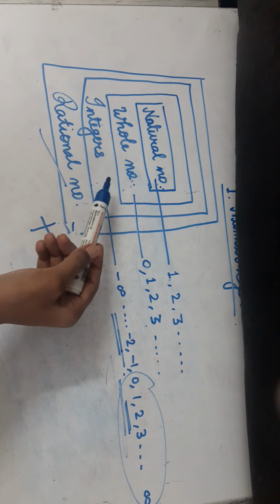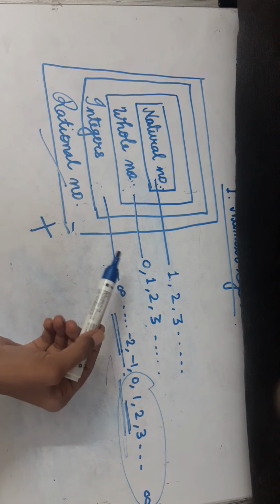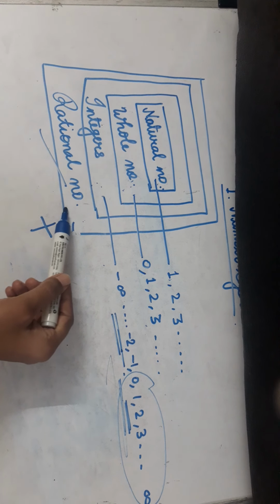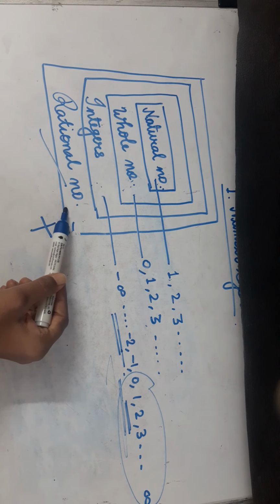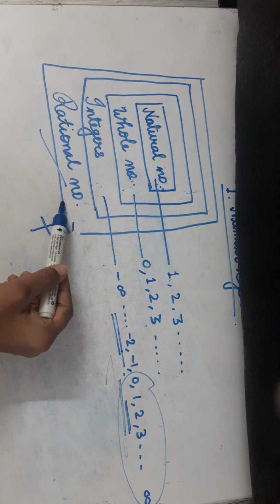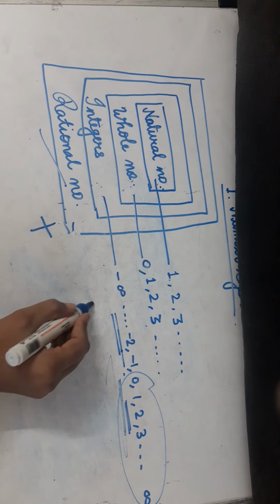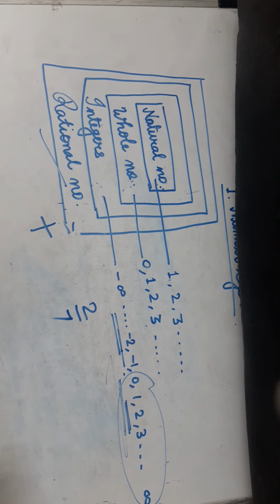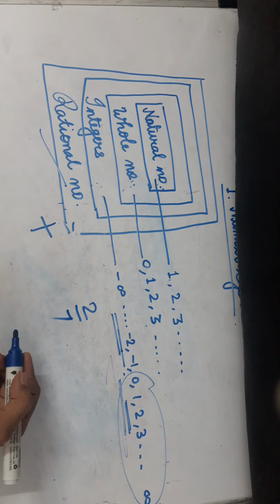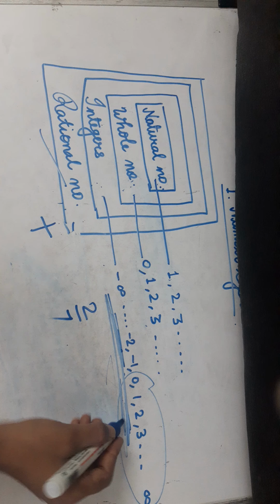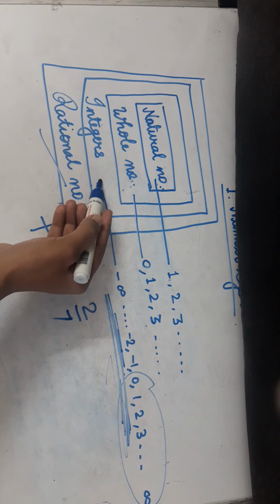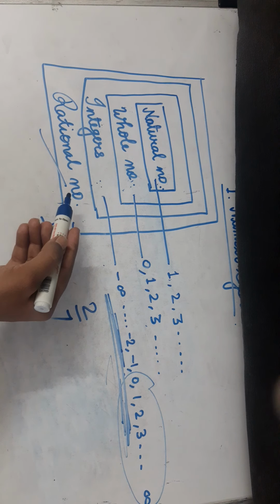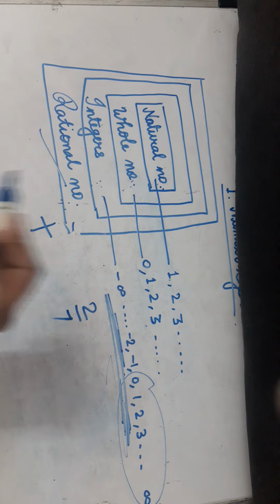So every whole number is an integer, but every integer is not a whole number. Then every integer is a rational number, but every rational number is not an integer. Like 2 upon 7. 2 upon 7 is a rational number in the form of p by q, but it is not an integer, right? So every integer is a rational number, but every rational number cannot be an integer.